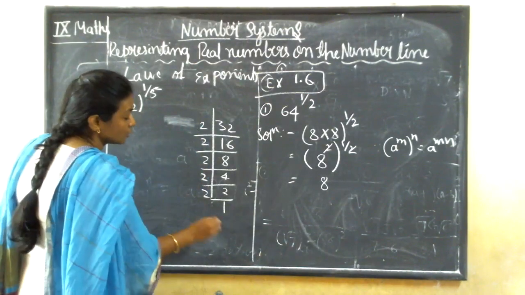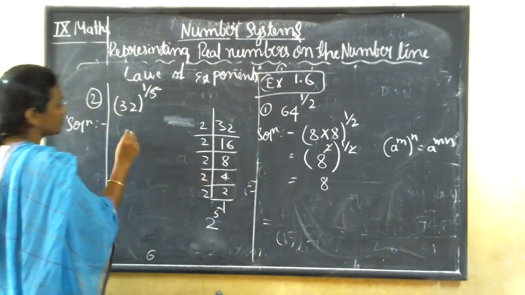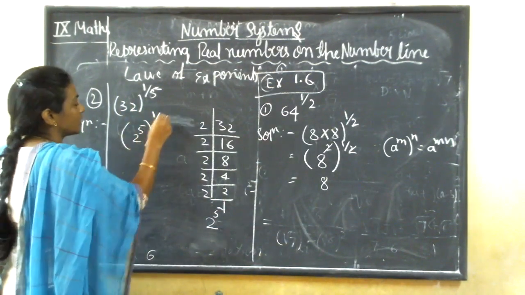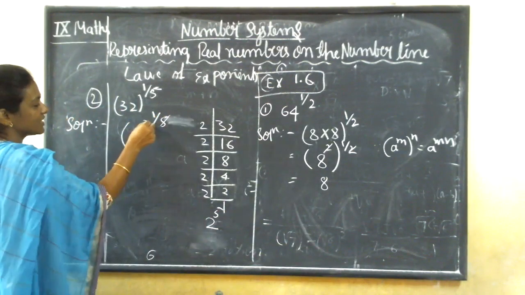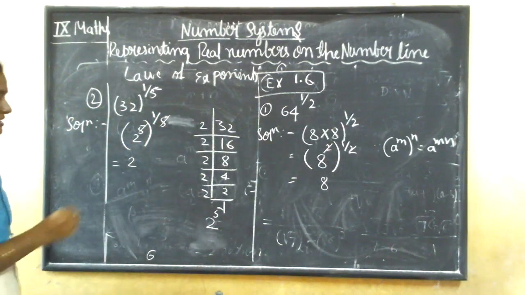How many 2s are there here? 1, 2, 3, 4, 5. 2 raised to 5. Can you write it like this? 2 raised to 5 means that is 32 only. So 2 raised to 5, raised to 1 by 5. Okay, this 5 gets cancelled. Our answer is 2.